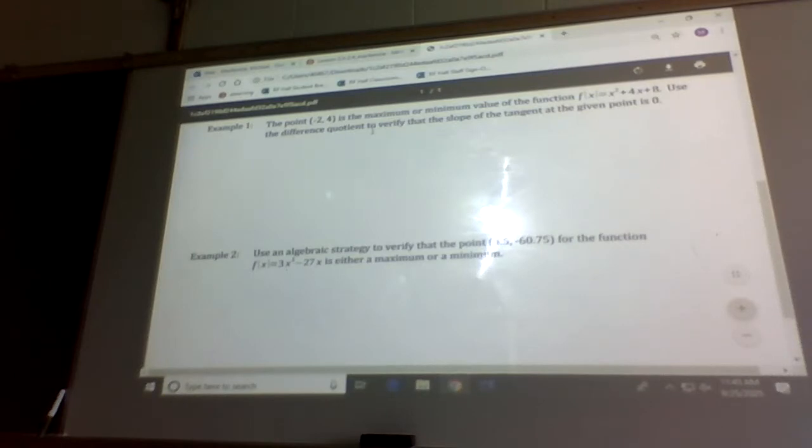Use the difference quotient to verify that the slope of the tangent at the given point is 0. Okay, so we should know, it's saying it's a max or a minimum, so it's one of those. Looking at the equation, it is a positive value, so it should be a minimum at this point. But we're just going to prove that it is, by proving that the slope is 0. So we know if it's a slope of 0, then it is a maximum or a minimum at that point.